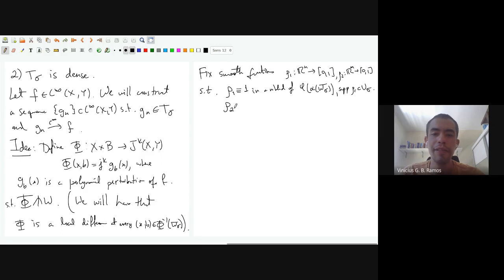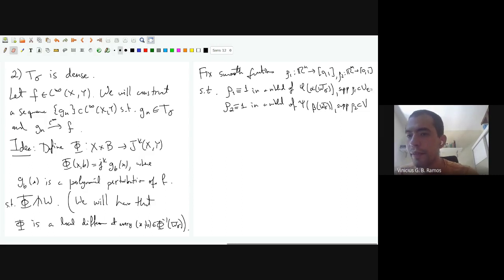And similarly, I want the rho 2 to be 1 in a neighborhood of psi of beta of W sigma bar, and I want the support of rho 2 to be contained. No, sorry, this doesn't make sense. I want the support of rho 1 to be contained in phi of U sigma.